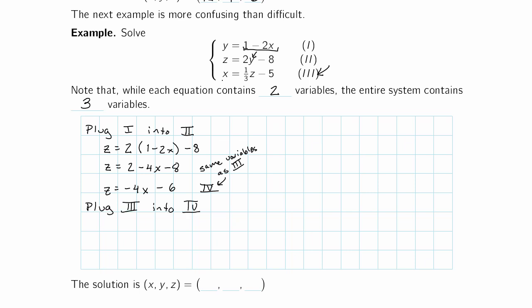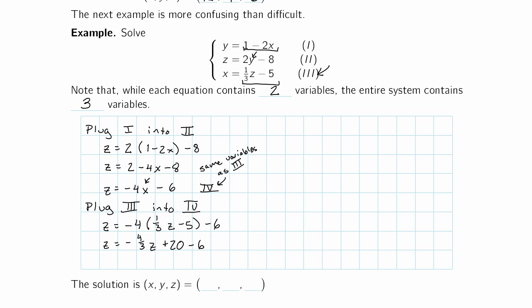So I'm going to replace x in equation 4 by that expression that's equal to x. I'll have z equals negative 4 times 1/3 z minus 5, minus 6. I'll distribute. z equals negative 4/3 z plus 20 minus 6.